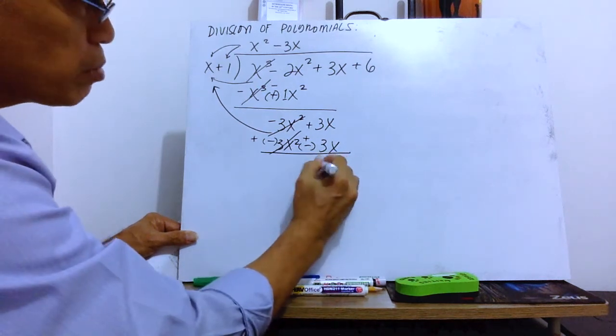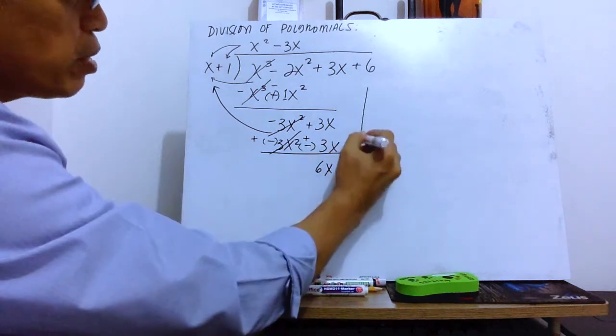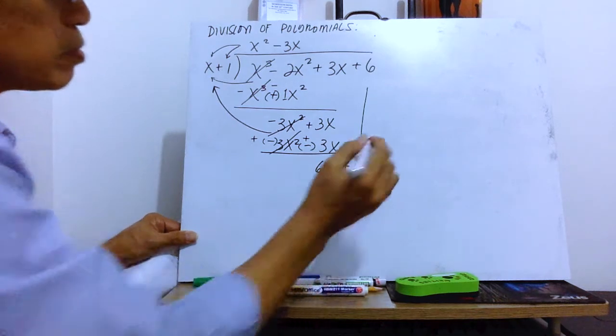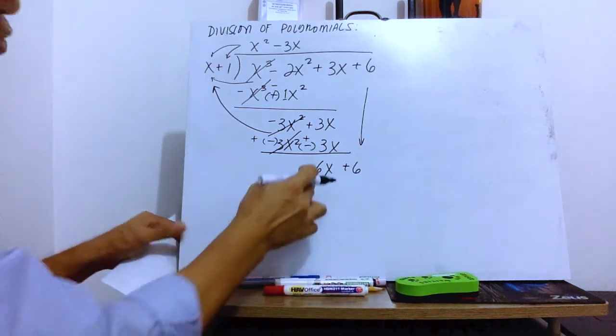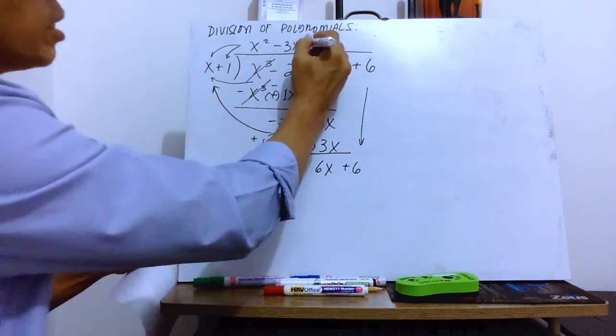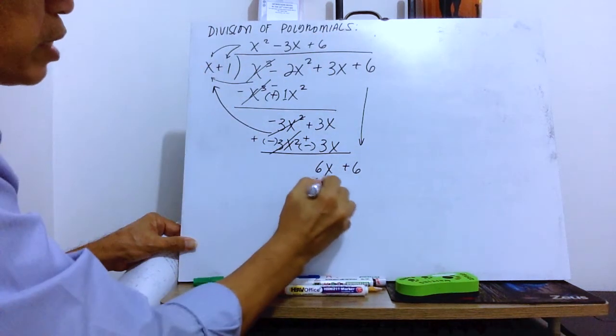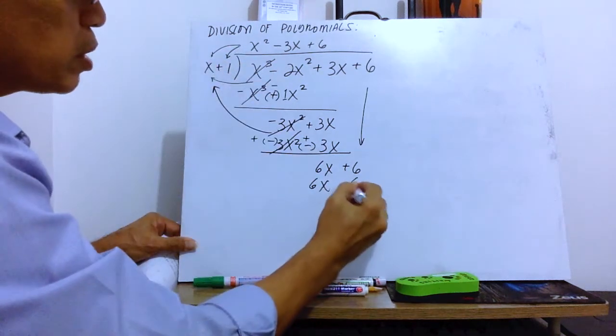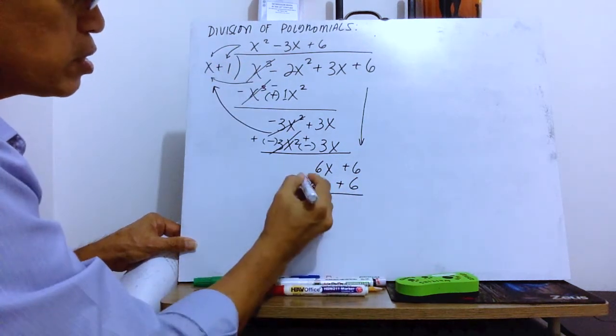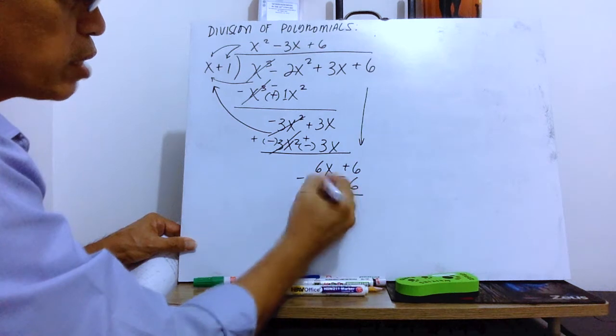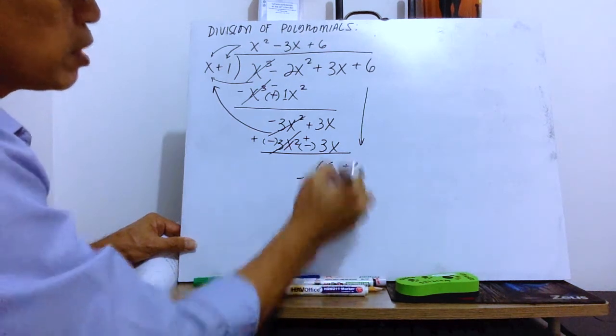This becomes positive 6x. Bring down the next term. Divide again: 6x divided by x, that's 6. 6 times x is 6x, 6 times 1 is 6. Change signs, negative, negative, cancel, cancel. That's the answer.